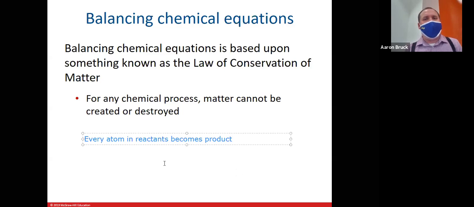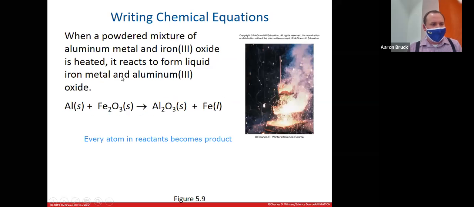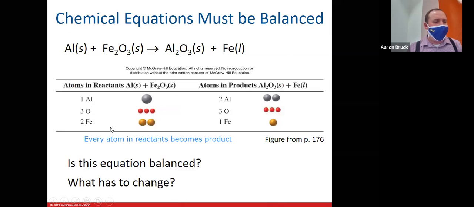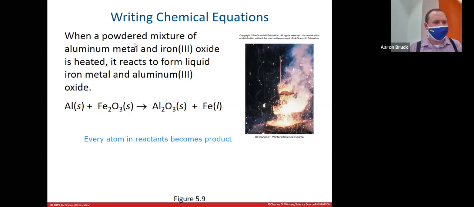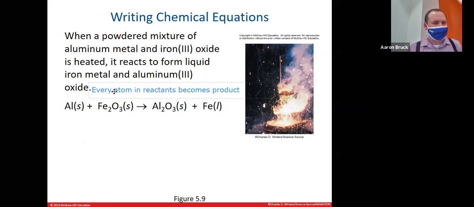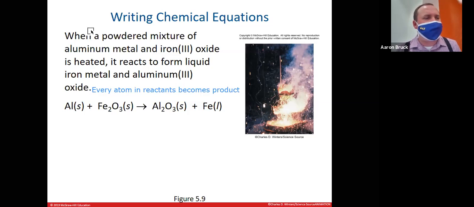So when it comes to balancing chemical equations, what I have to make sure I do is account for that principle. So let's take this chemical reaction in question here. This is called the thermite reaction.